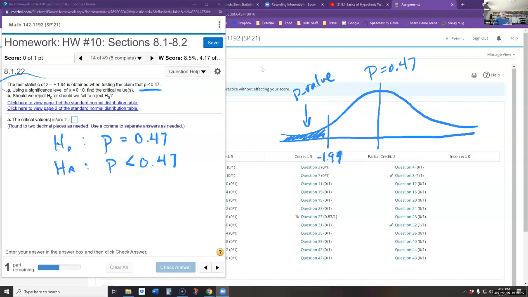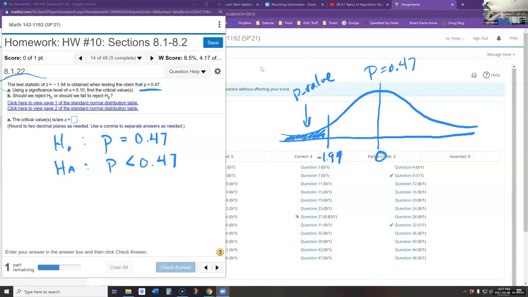We don't even know how many people they sampled or what the proportion of the sample was. We just know that it produced a z-score of negative 1.94 on the distribution curve.